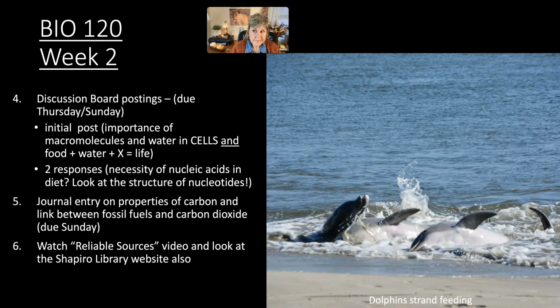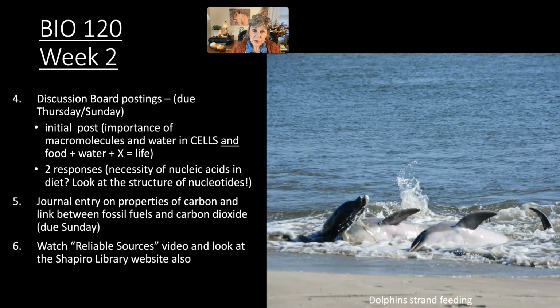You ever seen that on a food label? I don't think so. Why not? It's important to look at the structure of a nucleotide. Go back to that chapter 3. Look up nucleotide. Look at the structure of a nucleotide and figure out why you probably are not seeing nucleic acids on food labels. Maybe there's a reason we don't have to put that on there.